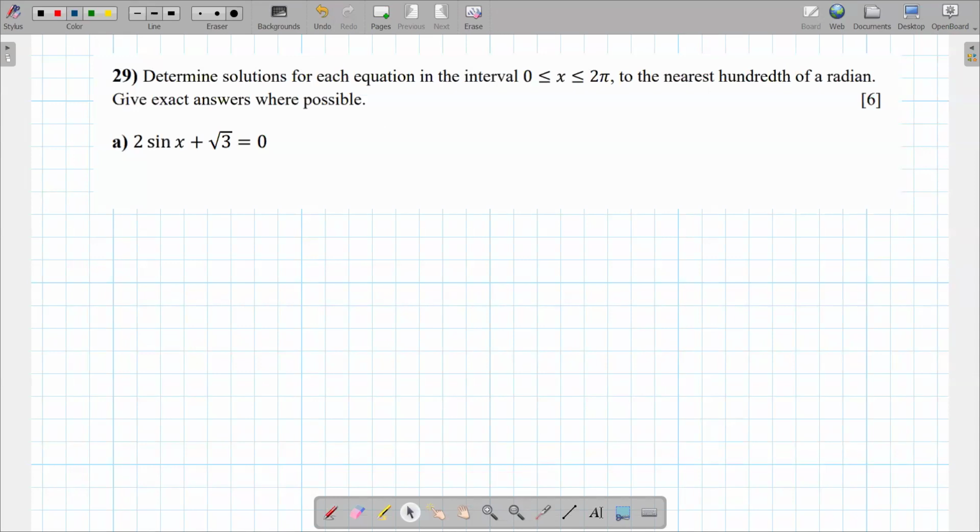Okay, what about this one? What is the approach? Any ideas on how to do this? You have done this, right?